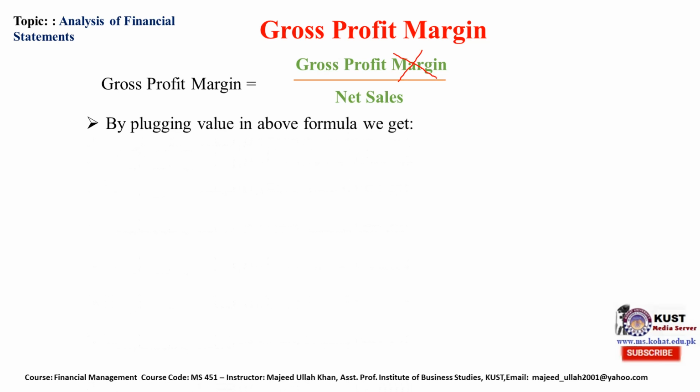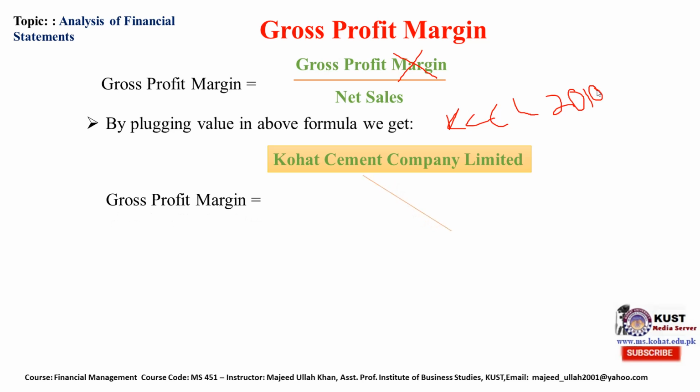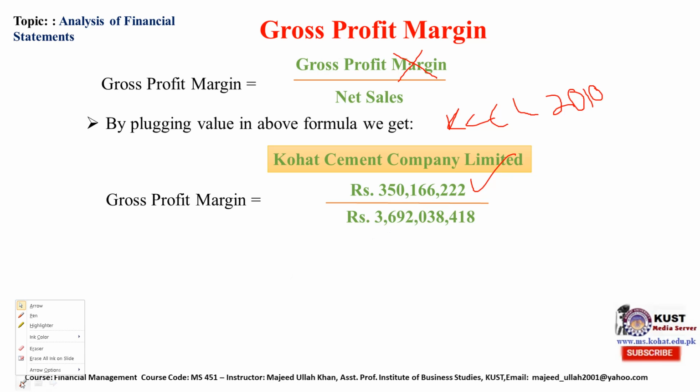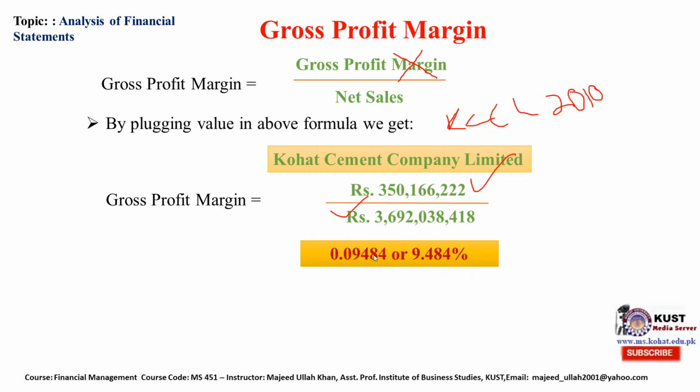Plugging values in the above formula from the balance sheet of Quartz Cement Company Limited for the year 2010, KCCL balance sheet, KCCL income statement for 2010, we get this gross profit, this is sale, this is gross profit margin.